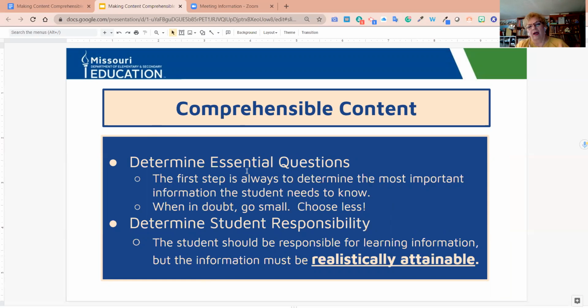Maybe it's the big idea, and then you can add the smaller details in as you go. And then also determine what the student's responsibility is going to be. What learning responsibilities are they going to need to undertake for their learning? And make sure that it's realistic and attainable for the student.